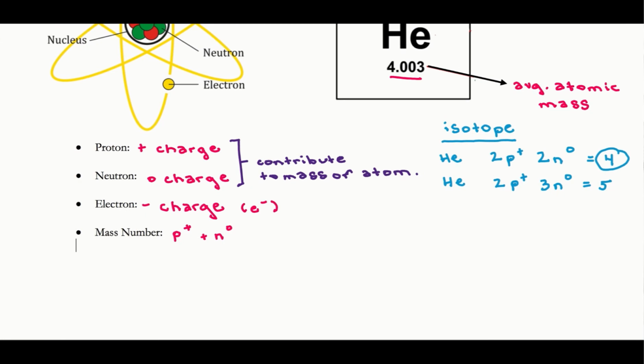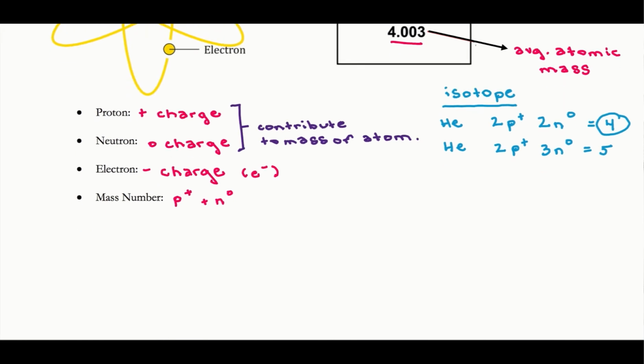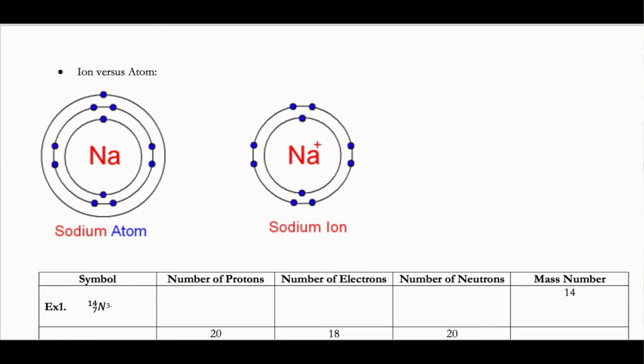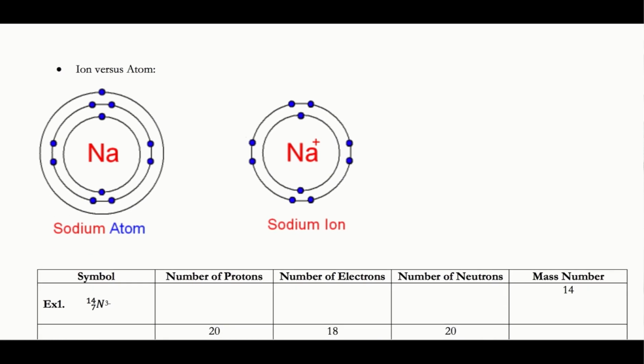So I just noted that if you change the number of neutrons, you'll have an isotope. Well, if you change the number of electrons, you will have what's called an ion. Okay? So sodium has 11 protons. So that's 11 positive charges. Well, in order for this atom to have no charge, if I have 11 positive charges, that means I'm going to need 11 negative charges to cancel out the 11 positive charges.